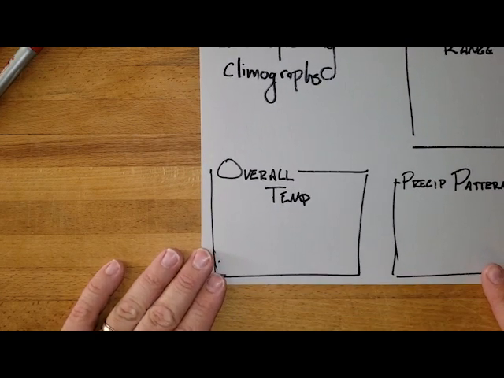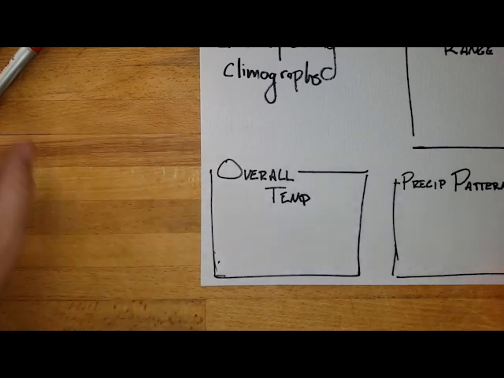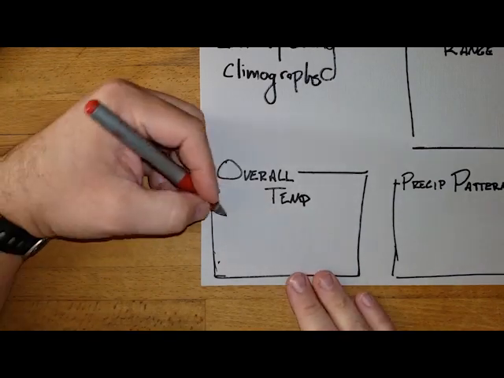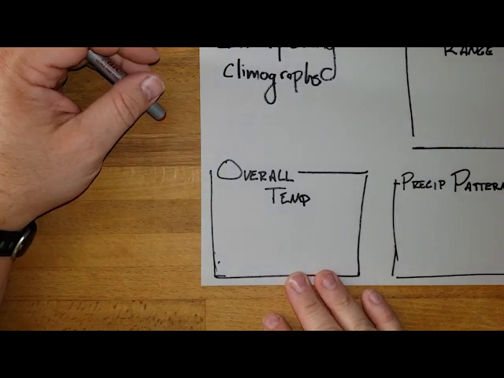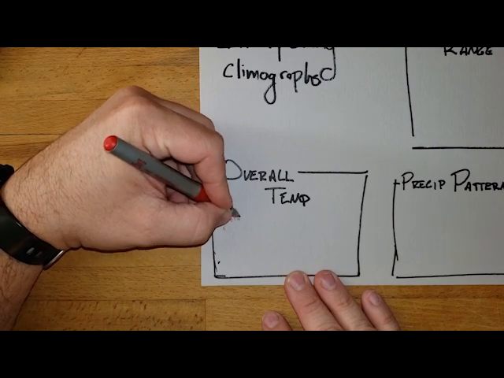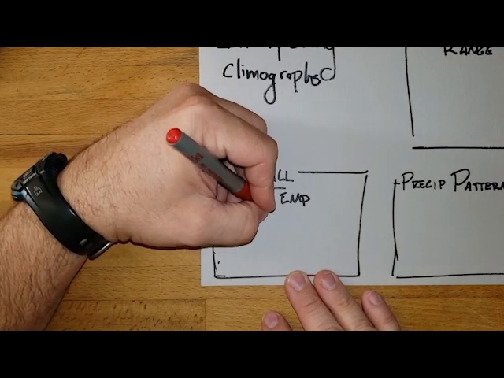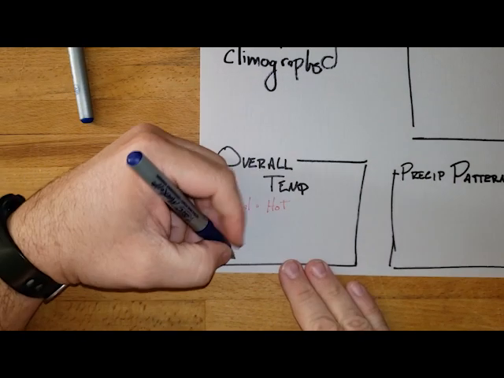First, we want to take a look at overall temperature. Is that temperature line overall pretty high, or is it fairly low? Temperature is mainly dictated by the latitude. There is some influence of elevation, but we know that equatorial areas are going to be hot, and we know that polar regions are going to get colder.